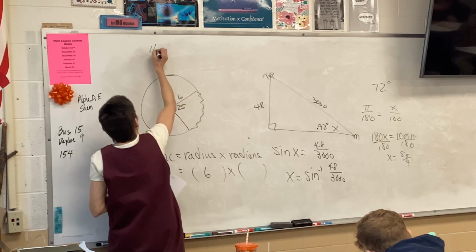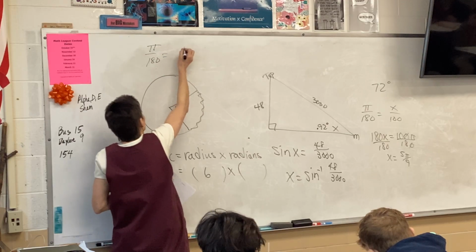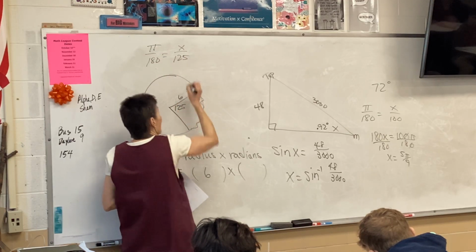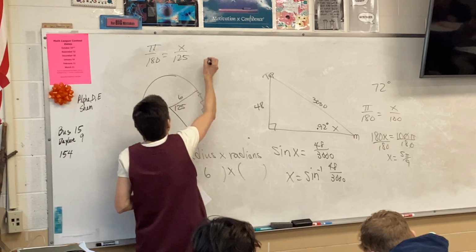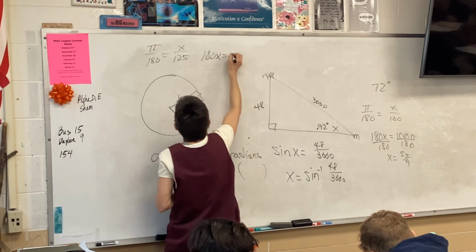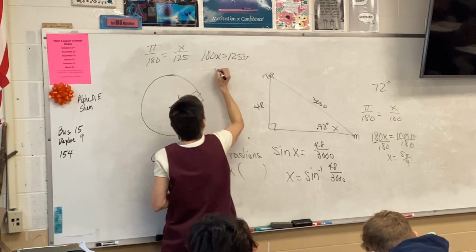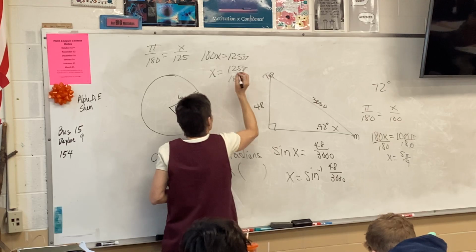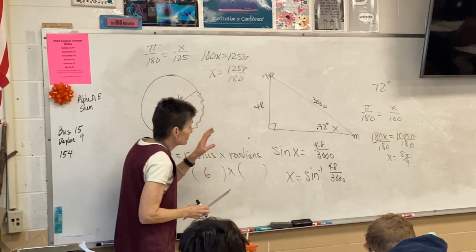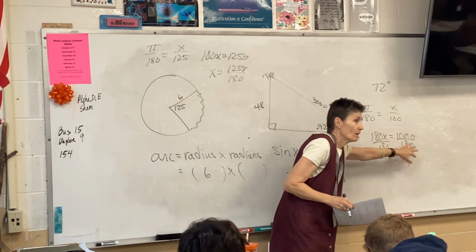So pi over 180 equals x over 125. 180x equals 125 pi. Normally, like this one here, we can cross out zeros.